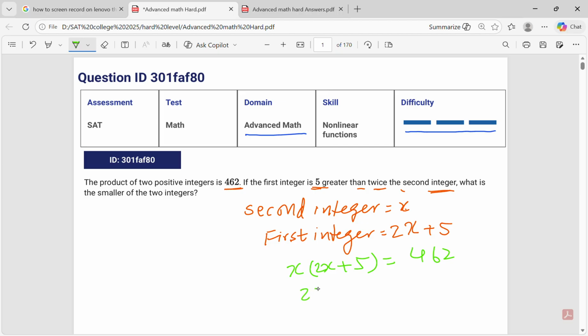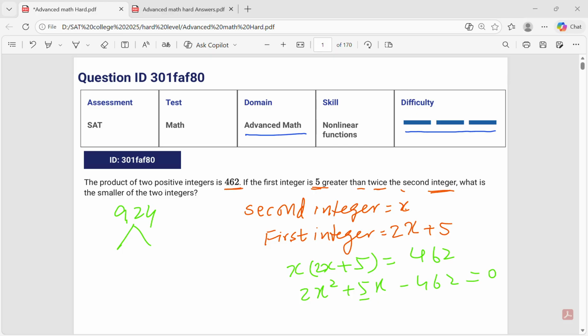So it will be 2x squared plus 5x minus 462. Since the number is too big, we take the product of 2 times 462, which is 924. So we have to find two factors of 924 whose difference should be 5.